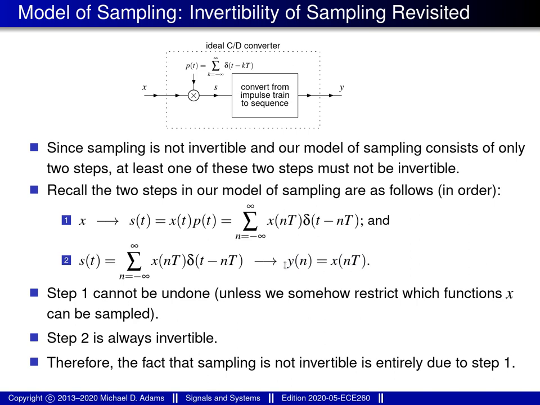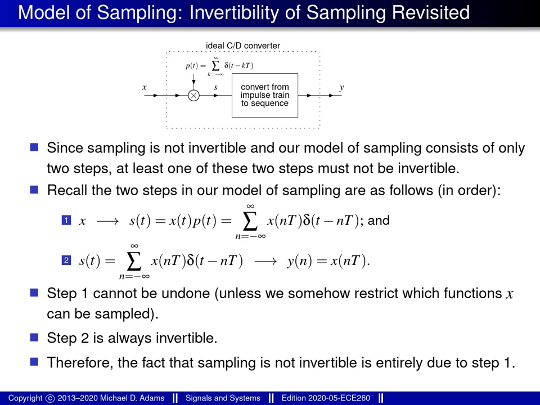In other words, if we're given this sequence y, we can easily construct the impulse train s by simply taking the elements of this sequence and substituting them for the weights in the impulse train. Therefore, the second step in our model of sampling is always invertible. So overall, of these two steps in our model of sampling, only the first step can potentially lose information.